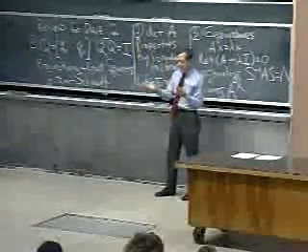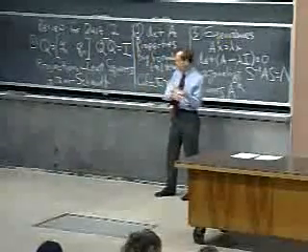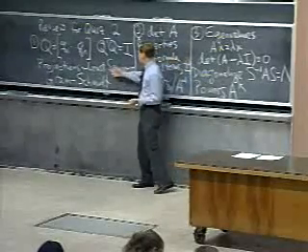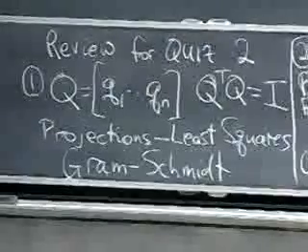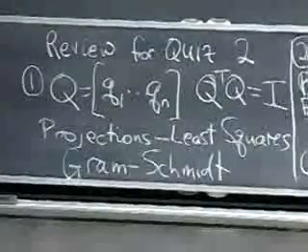And then we computed the projections onto lines and onto subspaces, and we used that to solve problems Ax equal b in the least squares sense. When there was no solution, we found the best solution.